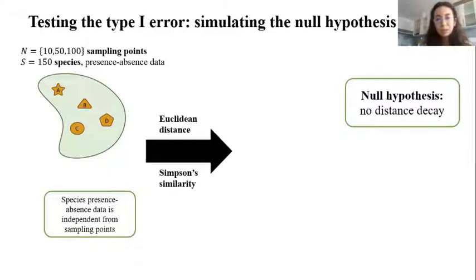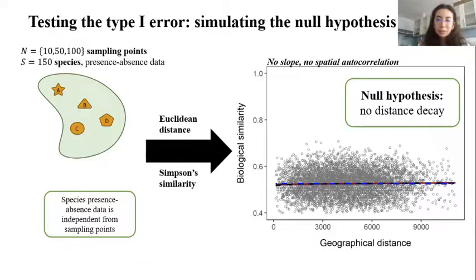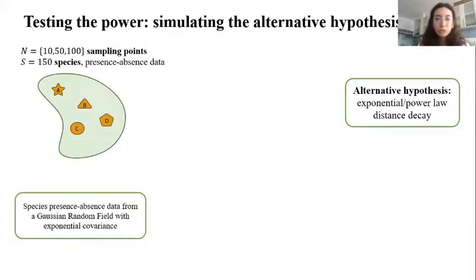We then computed the Euclidean distance and the Simpson similarity, and we obtained data without distance decay, but paired. For testing the power, we had to simulate data under the alternative hypothesis of this test. This means that there is a nonlinear distance decay.